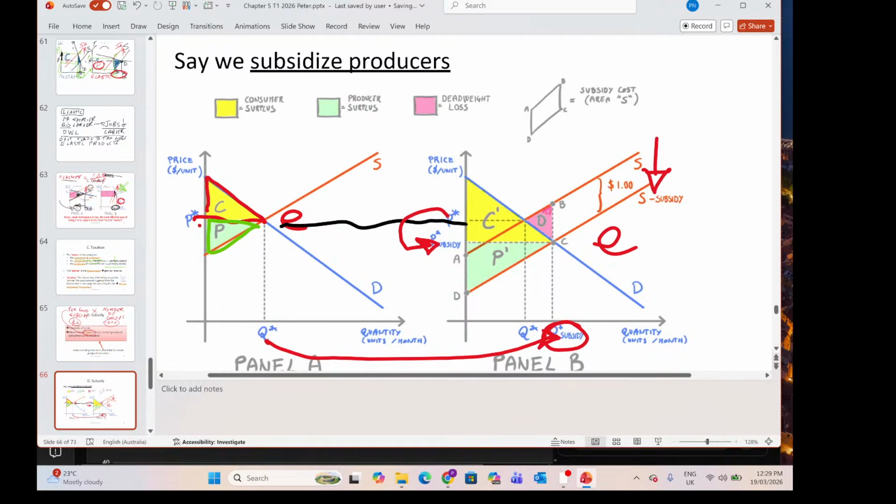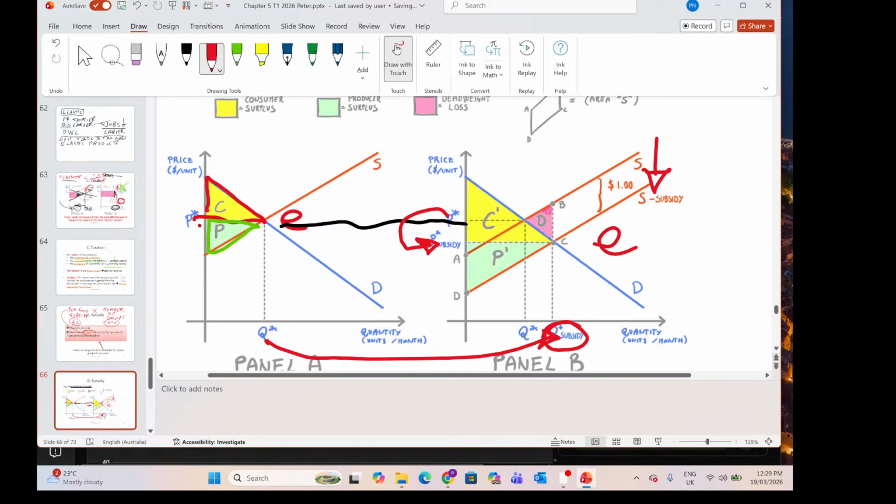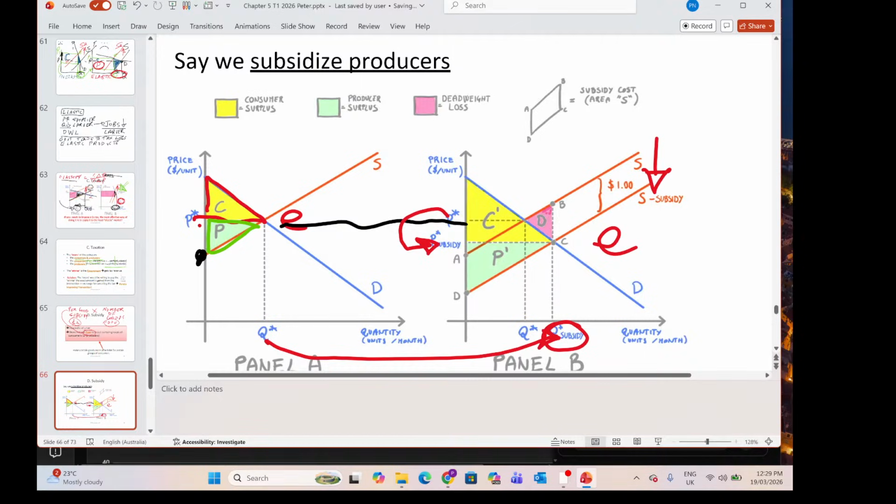And then look at the supply curve: look where the supply curve starts before the subsidy, and look where it starts after the subsidy. Why does it start in a lower place? Because the subsidy has shifted the supply curve down.